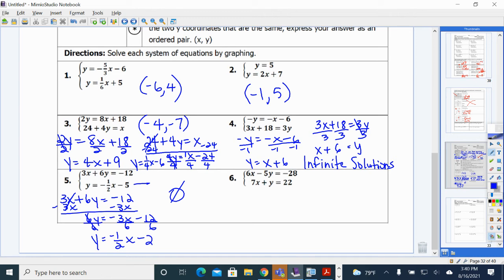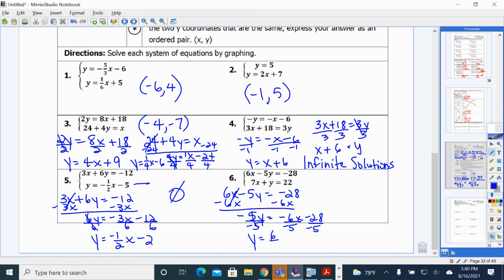And last one, number 6. We're going to have to take both equations and move them around to make them say y equal. So I'm going to subtract the 6x. Divide everything by the negative 5. And we get y equals negative 6 divided by negative 5 is positive.